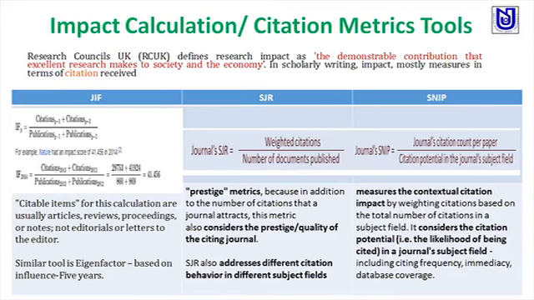This SJR, SCImago Journal Rank, is known as a prestige metric. Why is it a prestige metric? Because along with citation, it tries to understand the subject and the prestige, or quality, of the journal from which that citation comes.